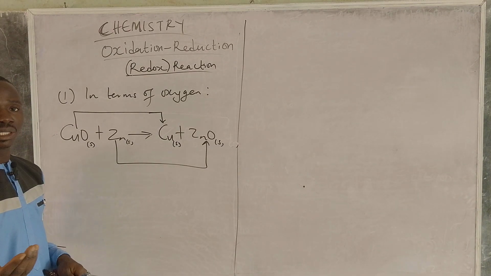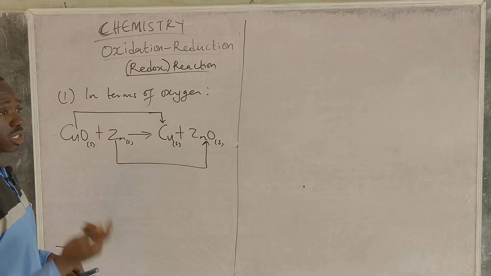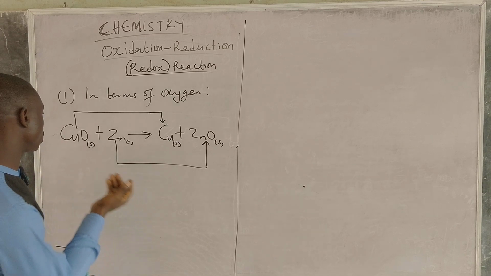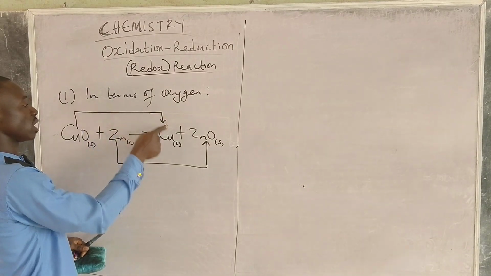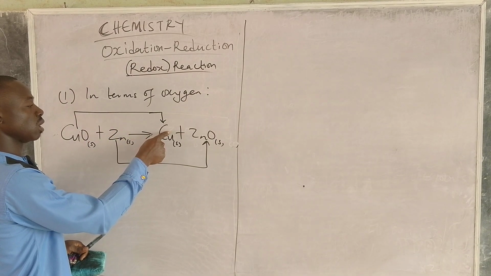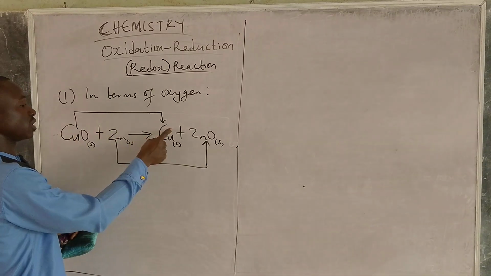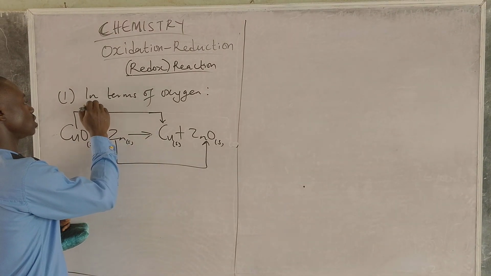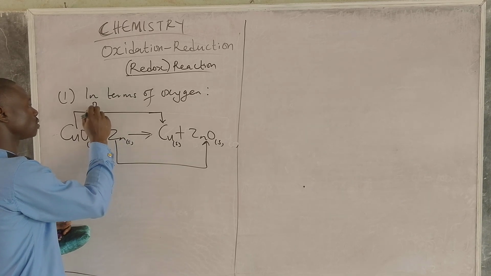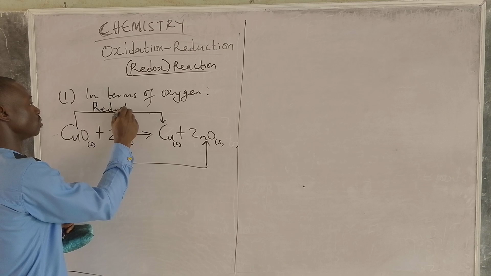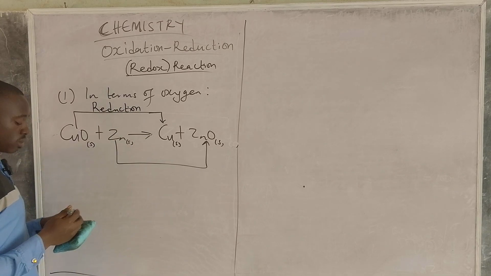According to my definition, reduction is the removal of oxygen. From copper oxide, we now have ordinary copper. Is that oxidation or reduction? We are going to have reduction because this is a removal of oxygen.